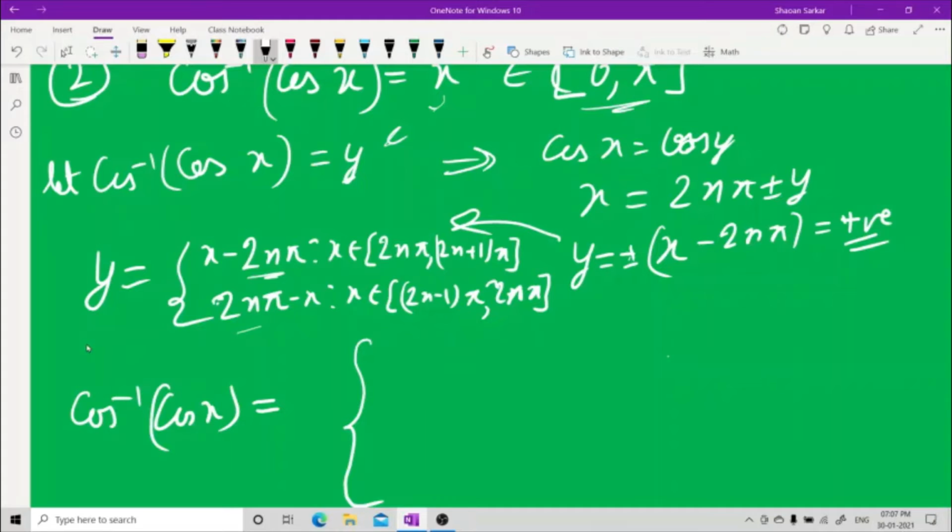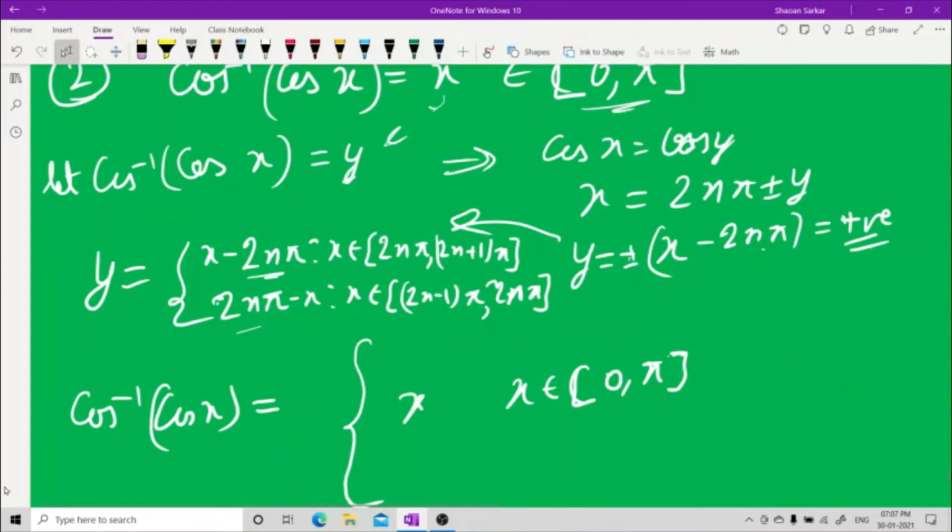You will get plus minus x. This is my principal value, also called the principal branch.